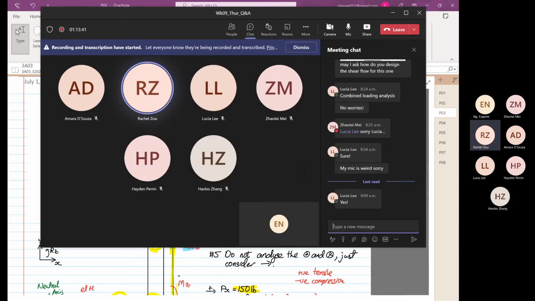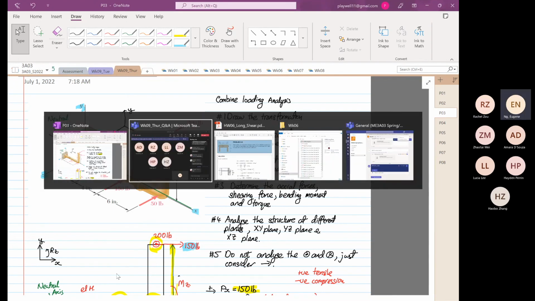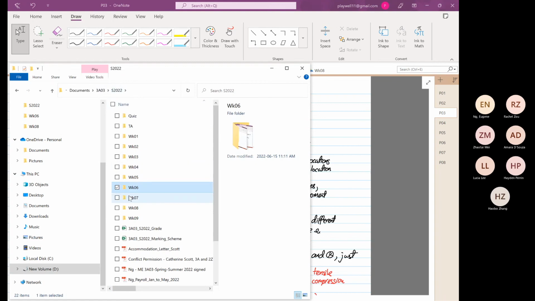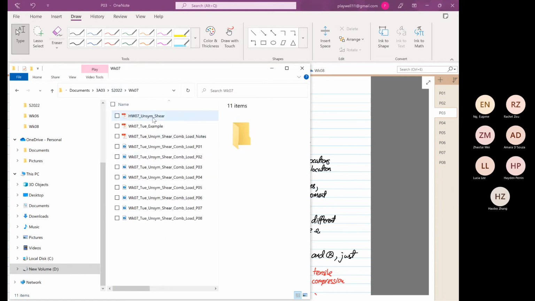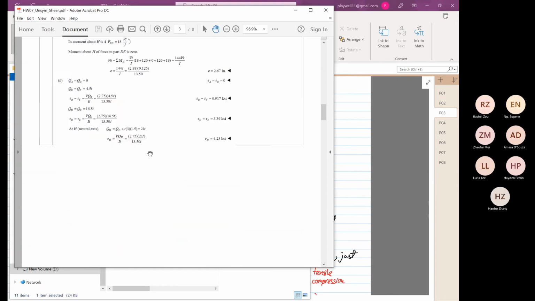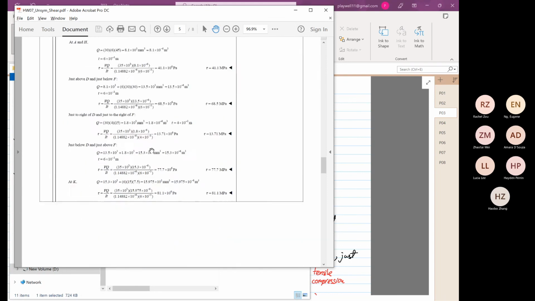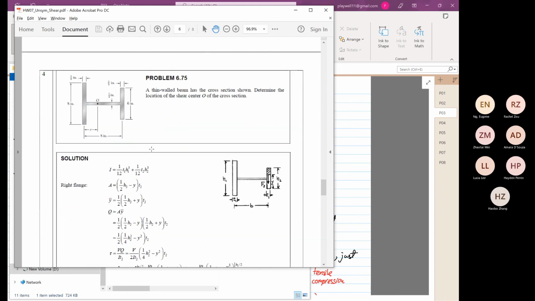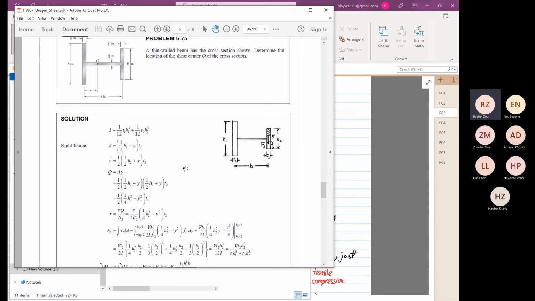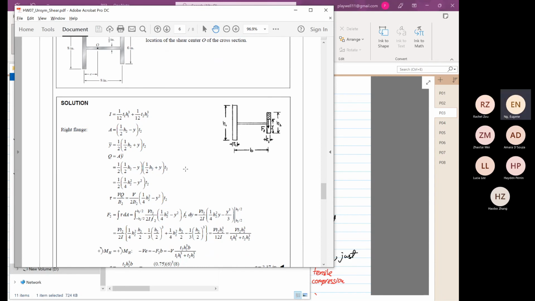May I ask a question from set 7 homework? Yeah, you definitely can. Homework 7, number 4. I was just confused. How did the half H2 come from when it's solving for the area?